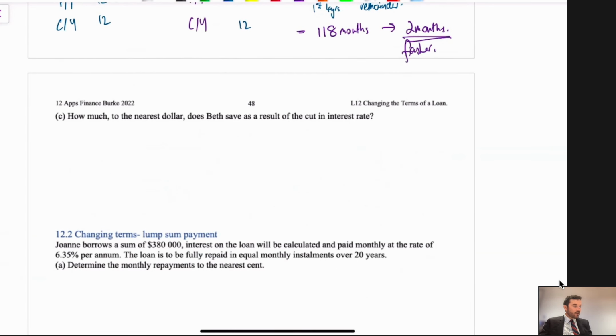How much, to the nearest dollar, does Beth save as a result of this interest rate cut? Okay, so originally, how much do they pay?